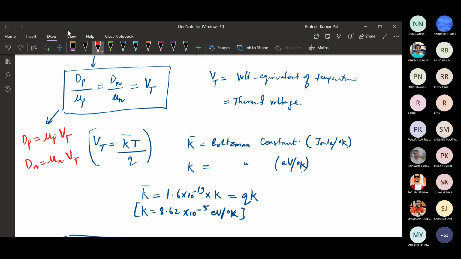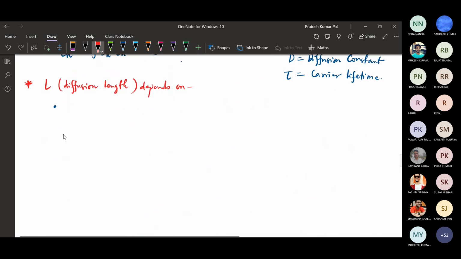That means the diffusion coefficient also depends on mobility as well as the temperature. So from there we can note that this diffusion length will be depending on the diffusion constant, the mobility and the temperature, as well as tau, that is carrier lifetime.